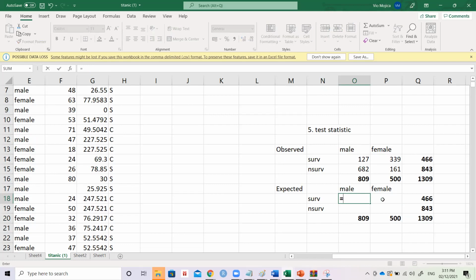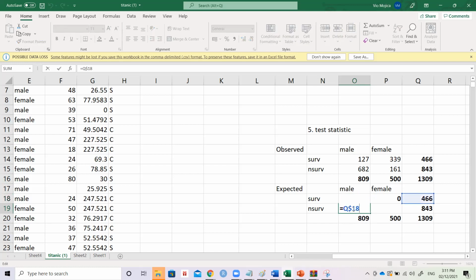So sa Excel, it's row total 466. If you're familiar with yung F4 key, pwede nyo gawin yan. The dollar sign in Excel means you're fixing that. So let's say here, Q18, if I drag it sa left, it's going to be R18. If I'm going to drag it downwards, it's going to be 466 as well.